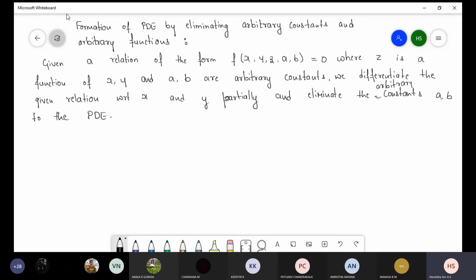Now here we use some notations for the first order and second order partial differentiation.